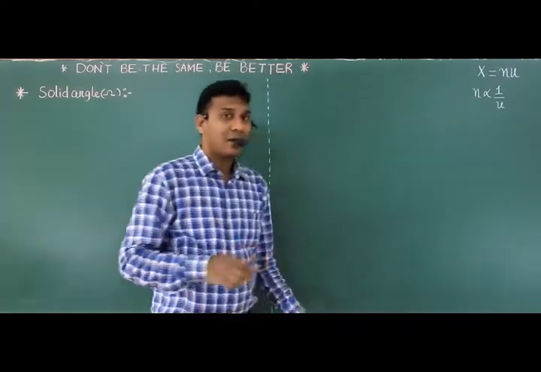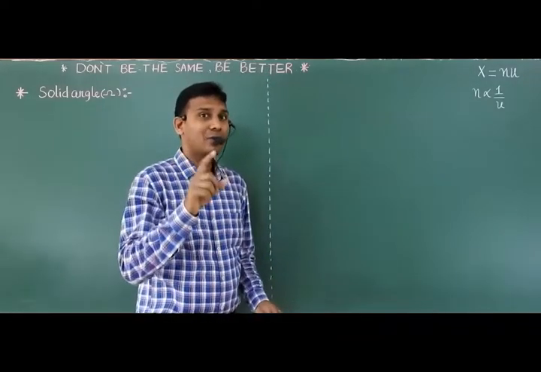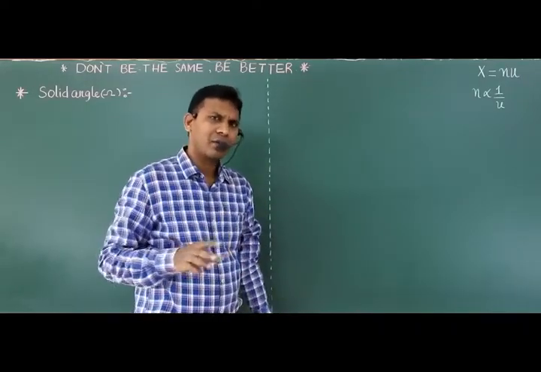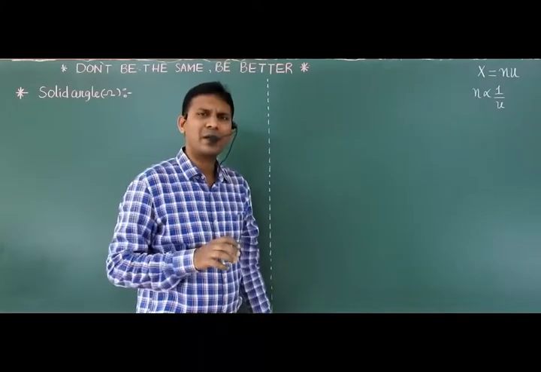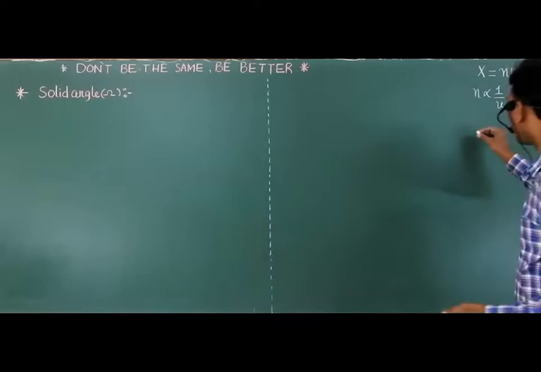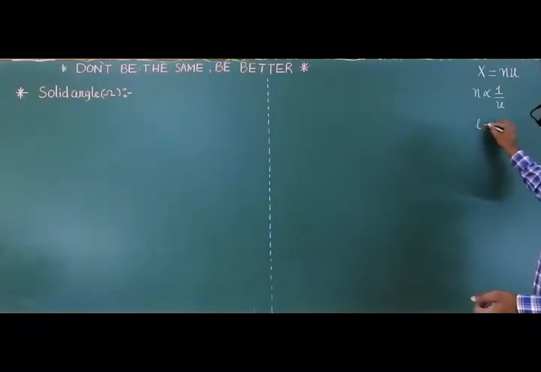The next, in the last class we defined plane angle. I told you how to remember that, because in entire physics, in most of the applications we are using the plane angle concept. In the plane angle concept, we just have to remember the length of an arc is equal to radius into angle.